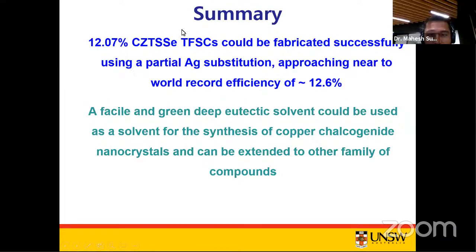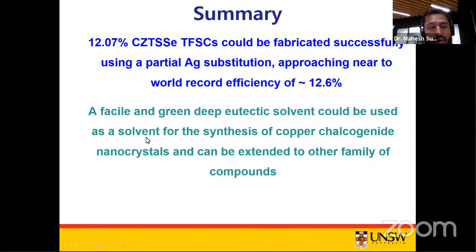Note that the 12.6% efficiency was achieved using a highly toxic and flammable hydrazine-based solution approach, whereas we are simply using a sputtering-based approach, which can be used for commercialization.